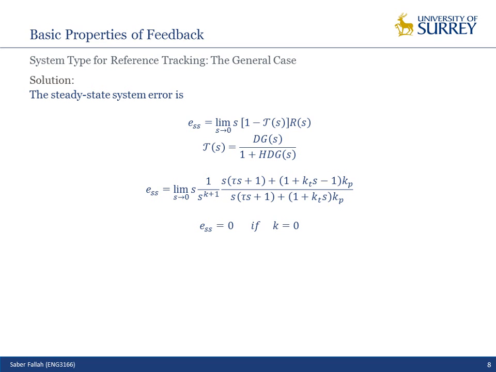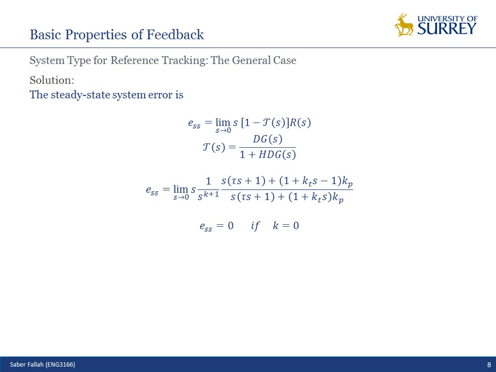Look, if I put s equal to 0, this one is 0. This bracket is 0 as well. Here I have just Kp. This one is 0, 1 multiplied by Kp. Here s is 0, 1 minus 1 is 0, so it will be 0 over Kp. Okay, if k is equal to 0, this s will be cancelled with this denominator s. So it will be 1 multiplied by 0 over Kp, which will be 0.